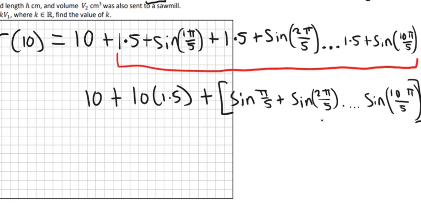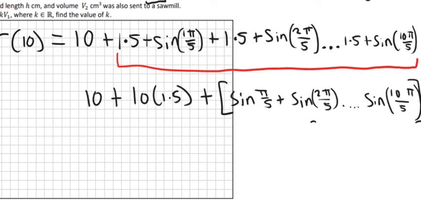The reason is that pi over 5 is 36 degrees, because it's pi divided into 5 parts, and if you think about it on the diagram there, the first 5 and the second 5 will cancel each other out.